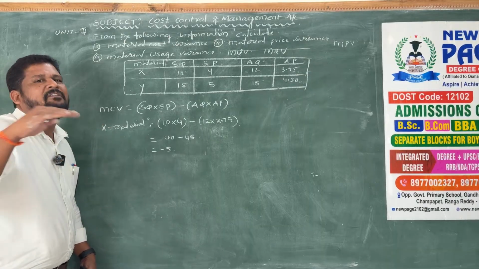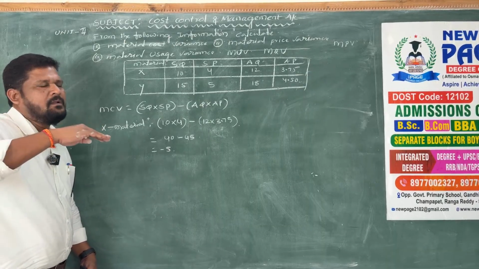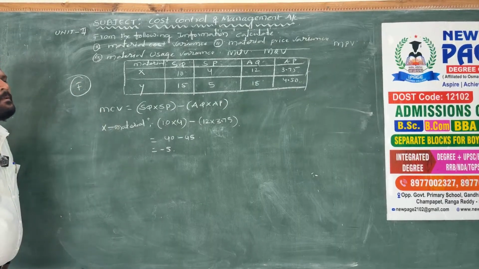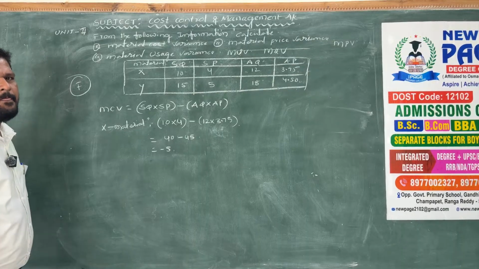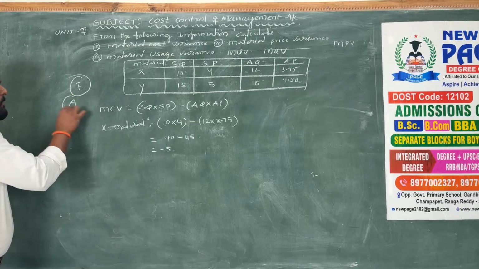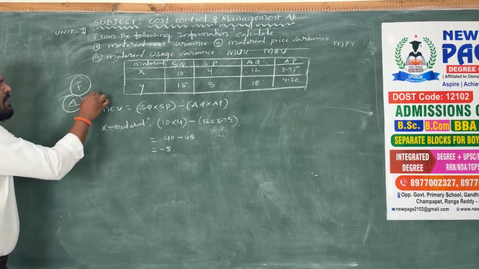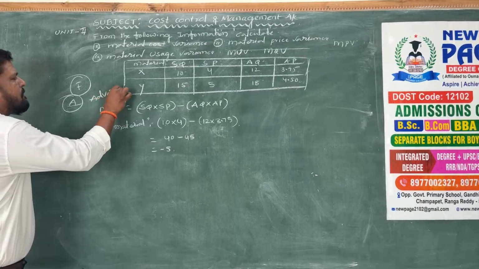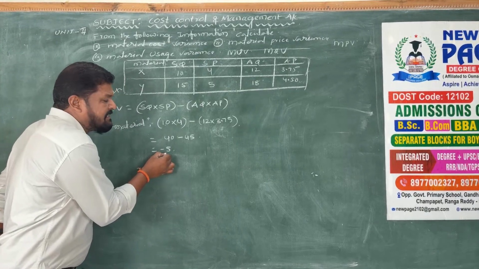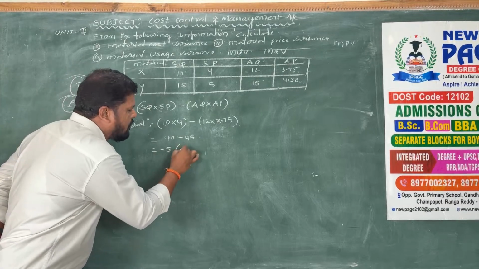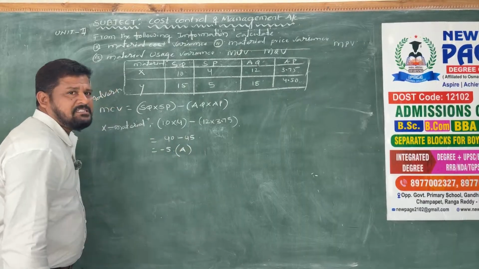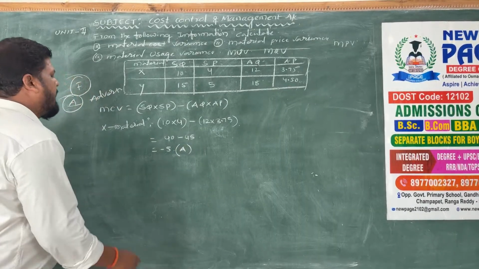This is favorable, denoted by F. F refers to favorable, and unfavorable is denoted by A. A stands for adverse. Adverse means unfavorable. So this is minus 5, unfavorable, so you write A in brackets. A means adverse. Right?